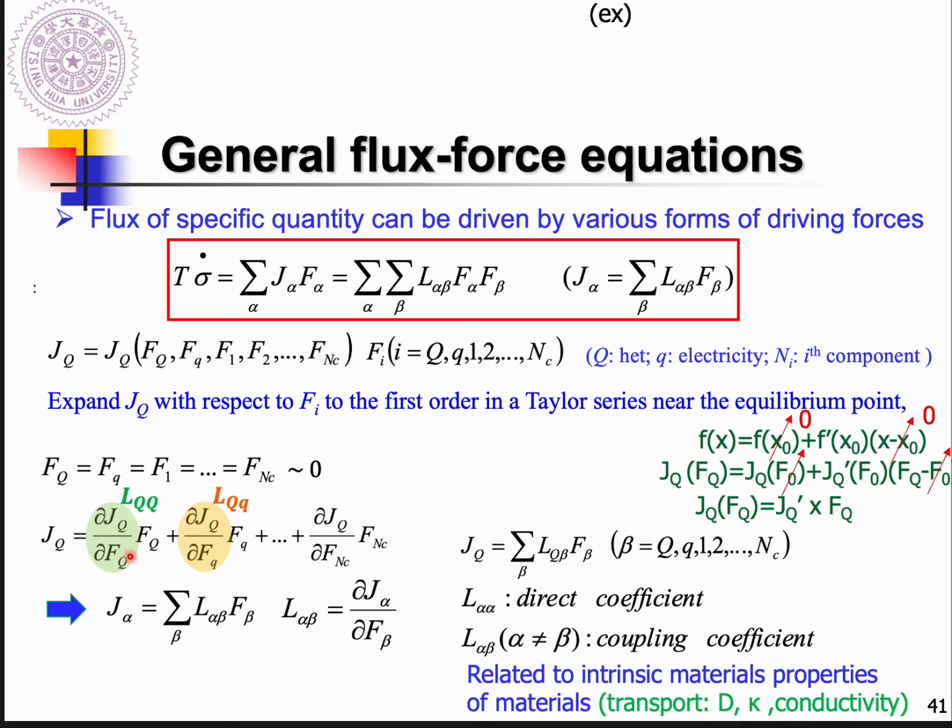And the same idea, if I apply the same electrical potential gradient on different materials, the change in heat flux is definitely different, right? So now we know this coefficient is related to intrinsic material properties, right?